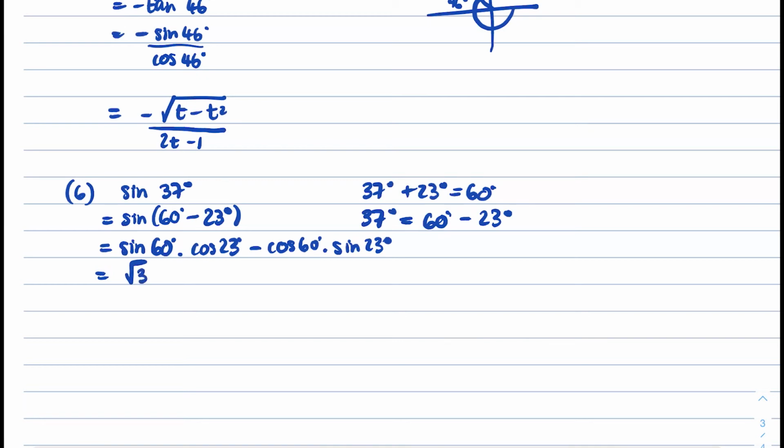The sine of 60 is root 3 over 2, multiplied by the cos of 23, and we've seen that the cos of 23 from our triangle is just root t, minus the cosine of 60, which is just a half, multiplied by the sine of 23, which again from our triangle is root 1 minus t. We can neaten this up and write it as one term.